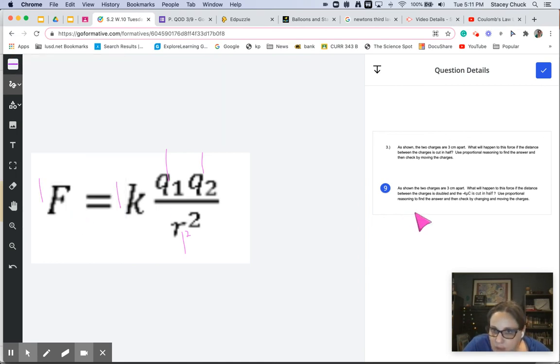Okay. What will happen if the distance is doubled? So instead of 1 squared, we're going to have 2 squared. And what if the charge for microcoulombs is cut in half? Now, it's easy to think right here that that means we should put 2, but it's telling us to cut it in half. And remember, we're not using the exact numbers.